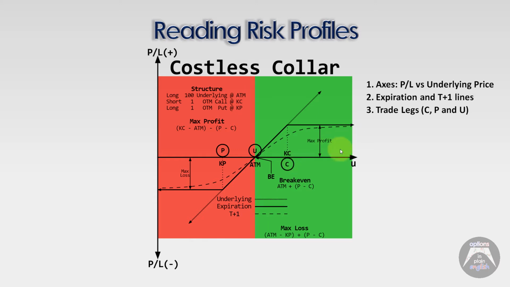This is how you interpret the different elements, or the different legs, that make up the actual position or strategy. In this case, long a put here, long underlying here, and short a call here. And remember, we're talking about strike prices. So again, this is the axis where we're looking at underlying prices.